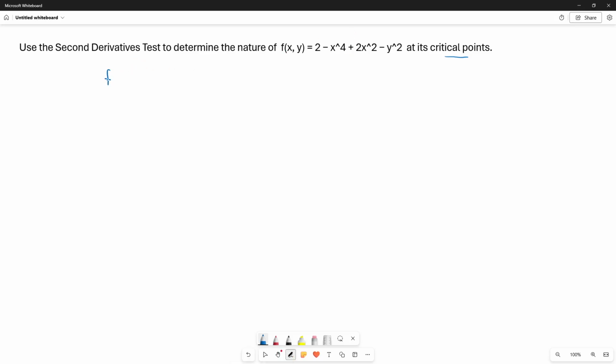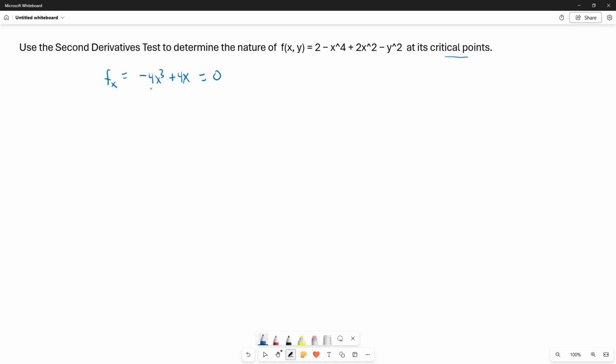So f sub x, the partial derivative with respect to x, is 0 - 4x^3 + 4x + 0. So this is f sub x. Set that equal to 0. At a critical point, f sub x and f sub y are both 0.